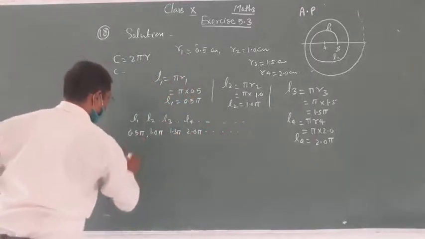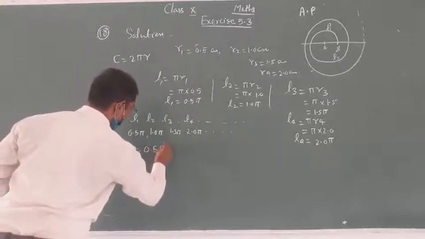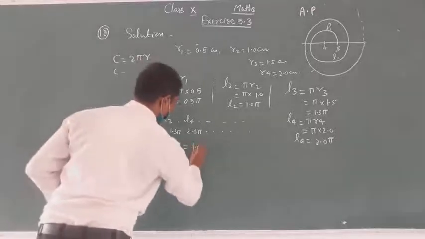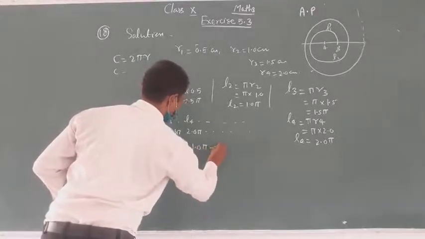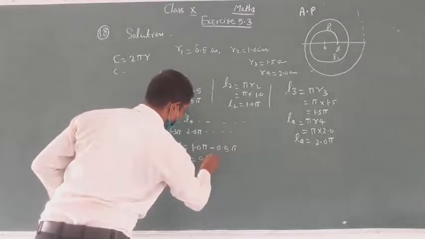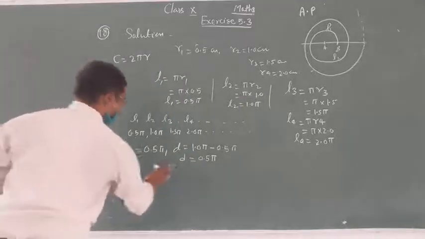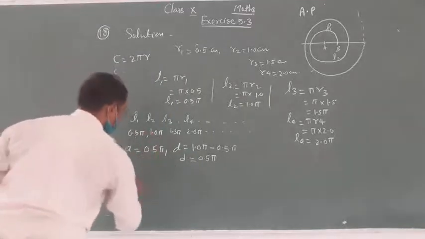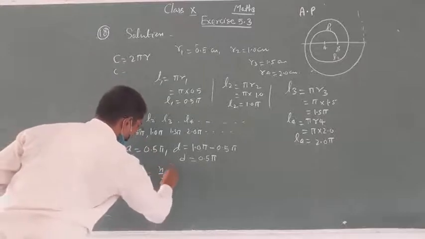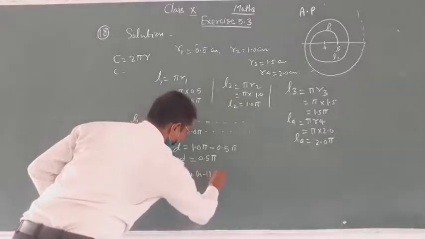The first term is 0.5 pi, and d is the second term minus the first term, 1.0 pi minus 0.5 pi, which is 0.5 pi. So d is found. Now the sum Sn is equal to n/2 into bracket 2a plus (n minus 1) into d.